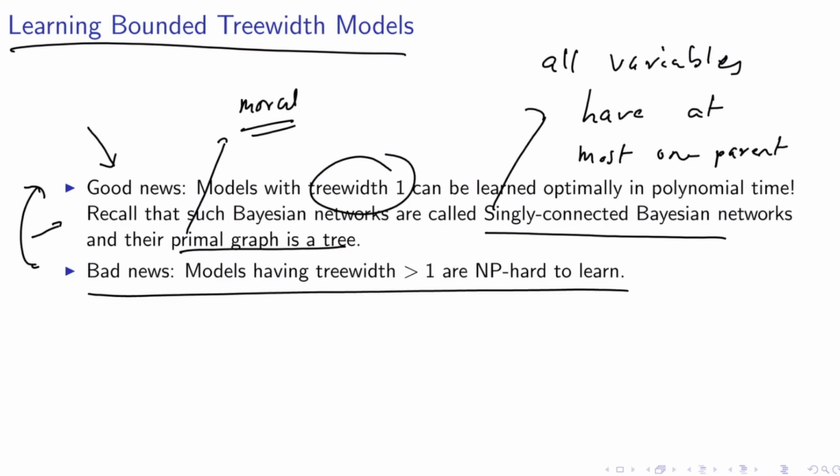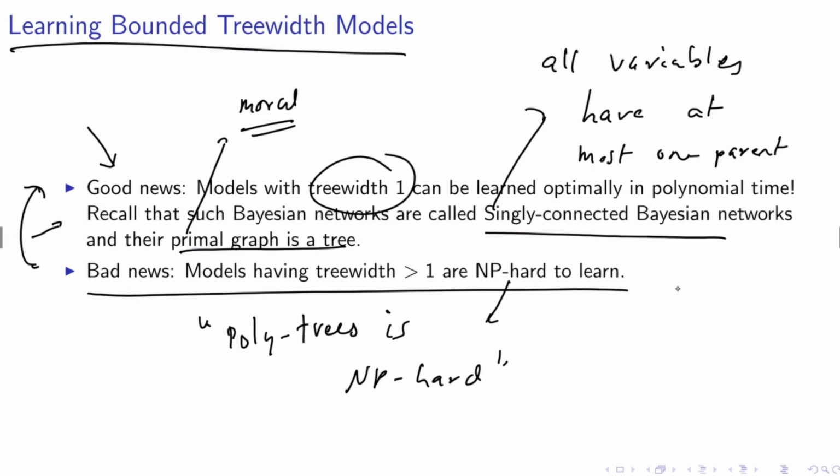Now comes the bad news. The bad news is that learning Bayesian networks having tree width greater than 1 turns out to be an NP-hard problem. Okay? So even learning things like polytrees is NP-hard. If you remember, polytrees are nothing but directed acyclic graphs which are trees, but variables can have more than one parent.